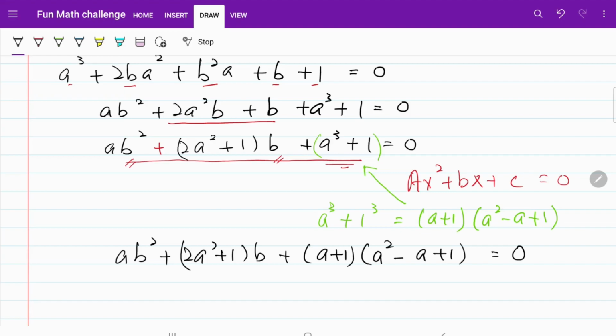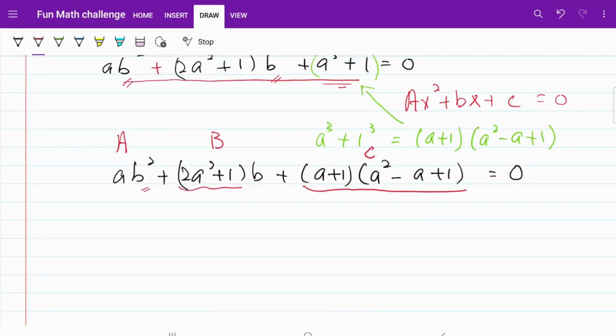We are going to attempt to solve this quadratic equation in terms of b, this being my a and this being my b and this being my constant term c. Is there an easier way to solve this quadratic equation? Let's go ahead and find out.